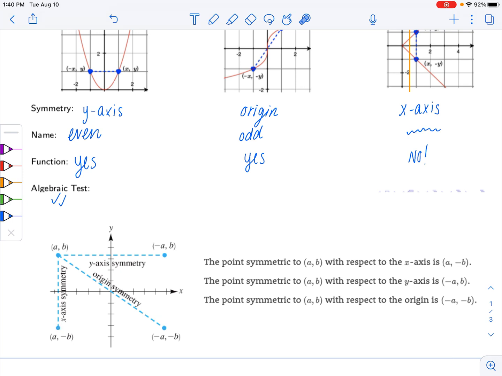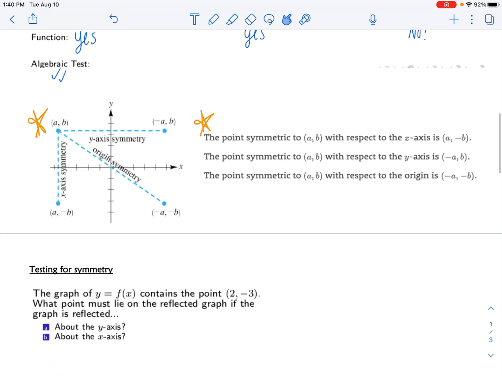So it's the opposite of the axes. So y-axis switches x's. X-axis switches y's. And then origin, just know that everything flips. So this is a very, very good visual, very good thing to have in your noggin as we continue with symmetry.